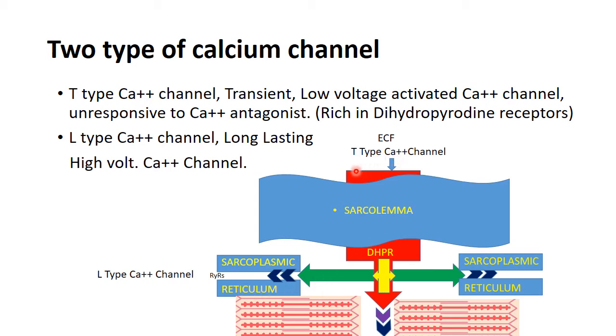So once there is depolarization of this membrane, with activation of the calcium channels, DHPR senses the depolarization and responds through the ryanodine receptors present in the sarcoplasmic reticulum, and the calcium is released and there is contraction. This is the excitation contraction coupling.